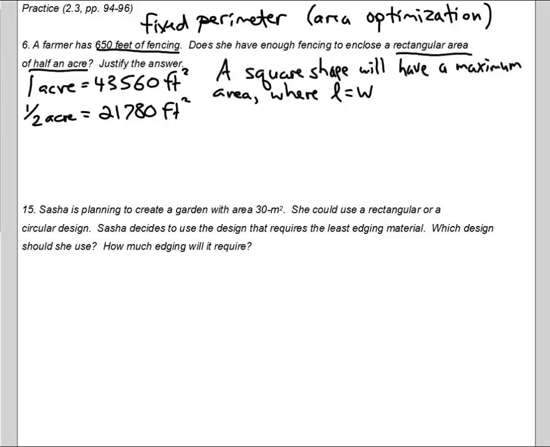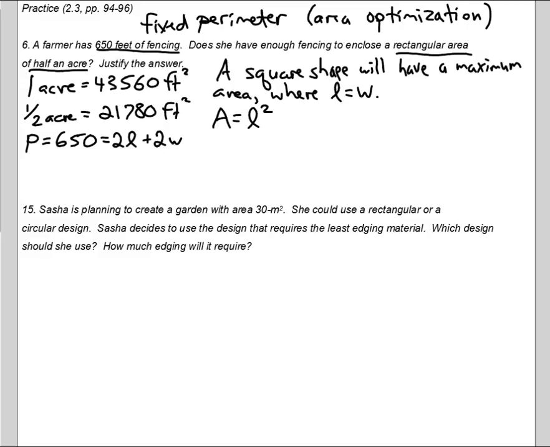The first statement I think we should make in our solution is that a square shape will have a maximum area where length is equal to the width. Now the area of a square is length squared. And if we know, in this case, that the perimeter is 650, let's work out off to the side the perimeter and relate that to the length and the width.